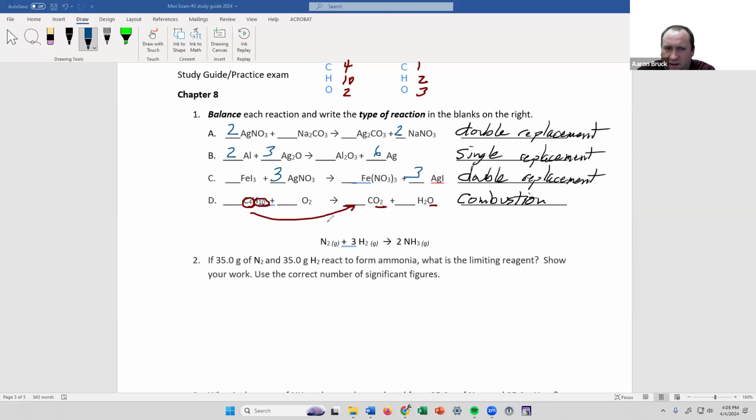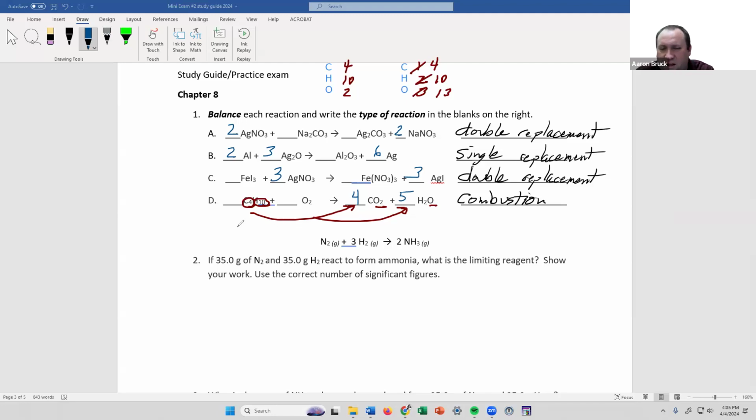So if I do that, that can give me at least a starting point for carbon dioxide, and since I have 10 hydrogens, 5 waters, because 5 times 2 will give me the 10 that way. And if I do that, I end up with 4 carbon, I have 10 hydrogen, and I have 8 plus 5, 13 oxygen.